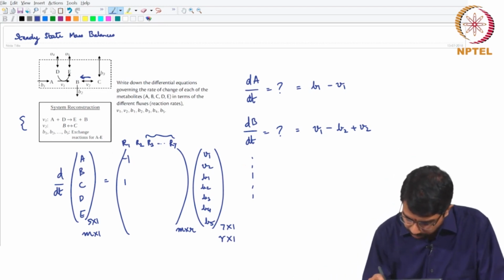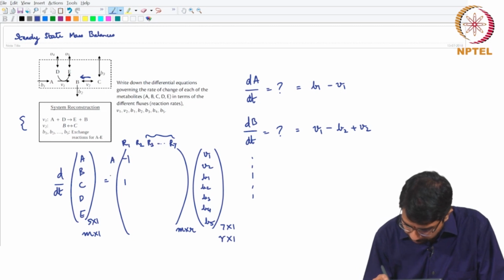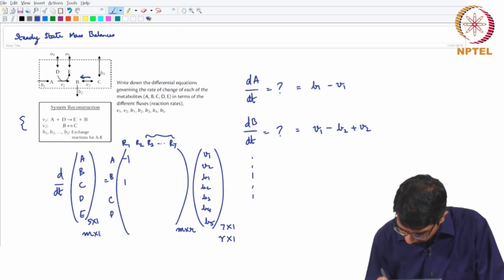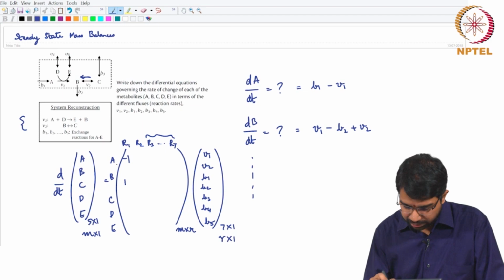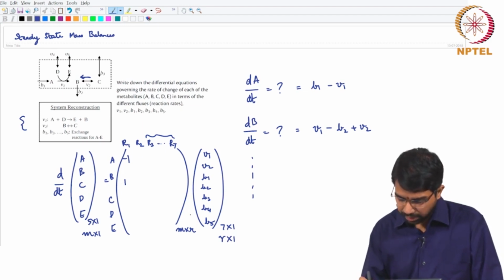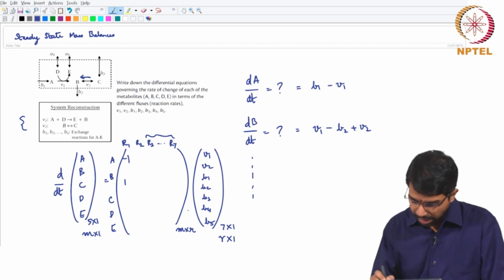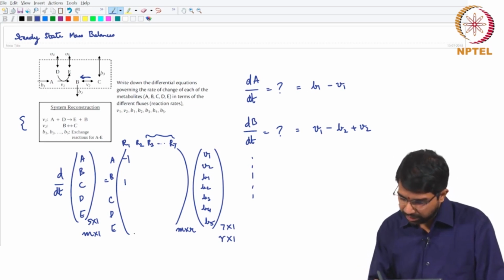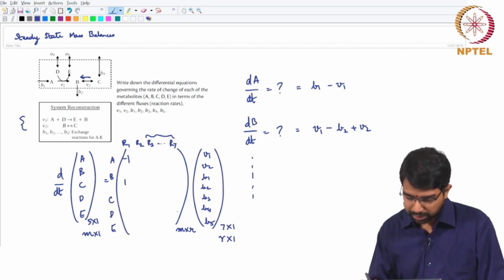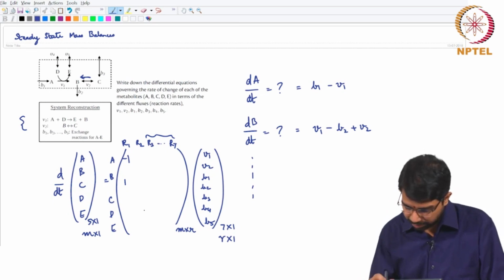So, you can think of this as, A is on the left hand side whereas B is on the right hand side, and again D is also on the left hand side and E is on the right hand side. So, this is basically A plus D going to E plus B.